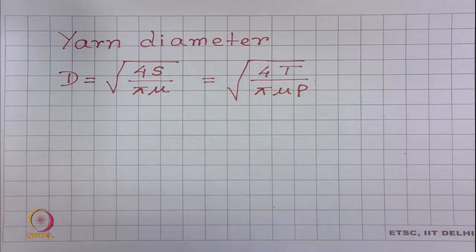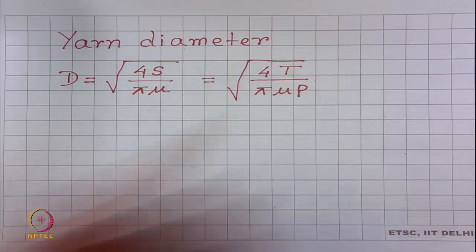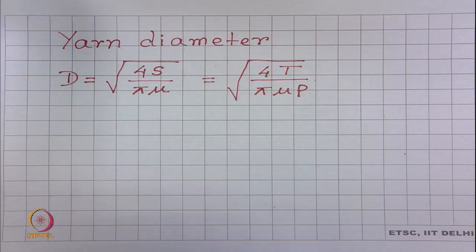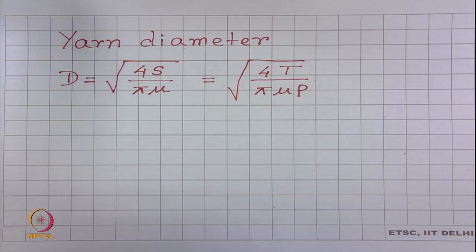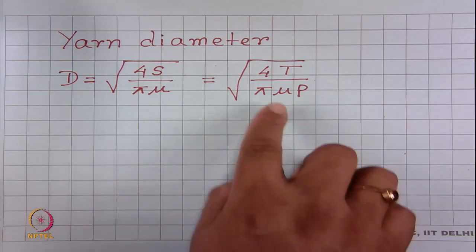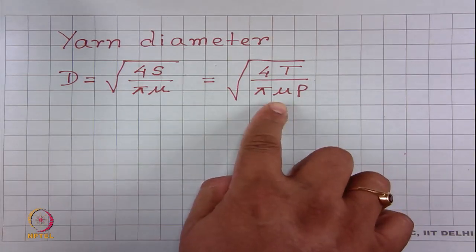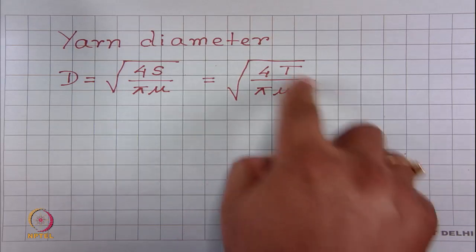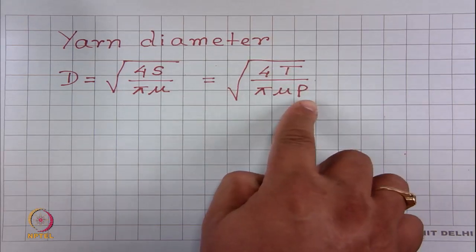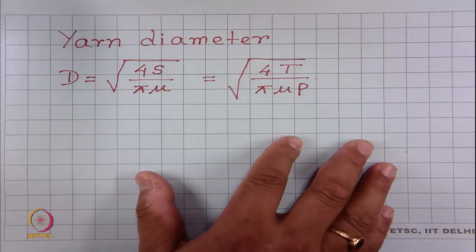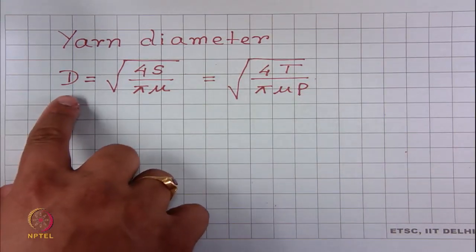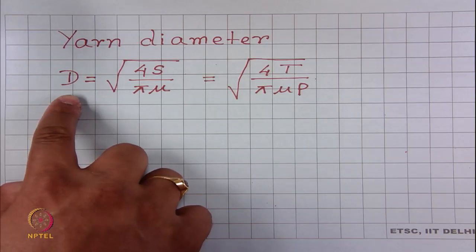You can see that capital T, yarn fineness, is easy to measure. Fiber density is also possible to measure, mu packing density is also possible to measure. That means, all three quantities on the right hand side are possible to measure experimentally. Accordingly, D can be determined.